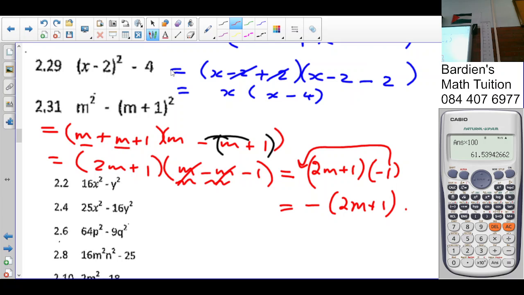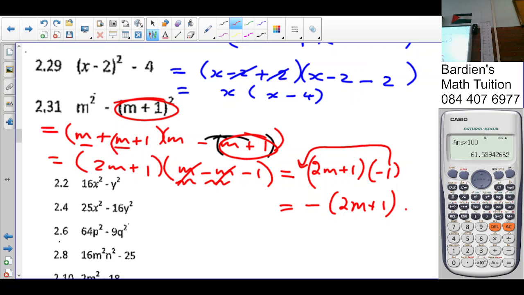Why is there a bracket here in black? The reason for that is there's more than one term. Whenever you have more than one term following a negative sign, you must put a bracket in there, because that negative is applicable to everything that follows it. That's why it must be in a bracket.